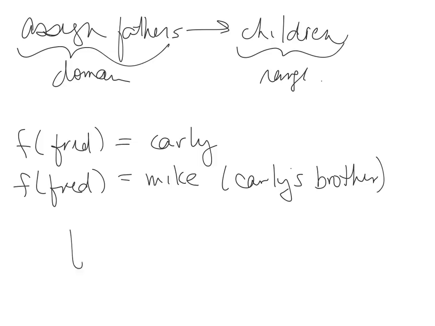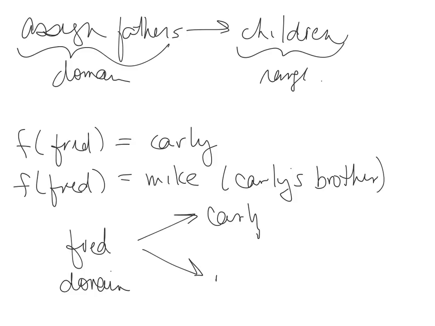Because Fred, my domain, goes to two ranges, that doesn't work. It's not a function. It's the definition of what a function is not. Your domain of fathers can be assigned to more than one range of children, and that's a no-no.